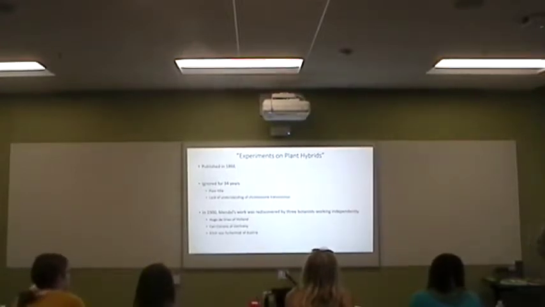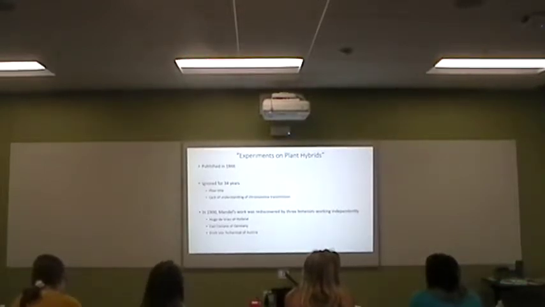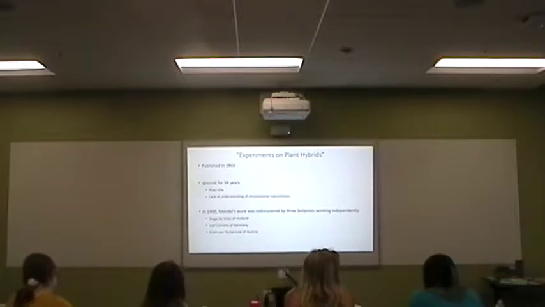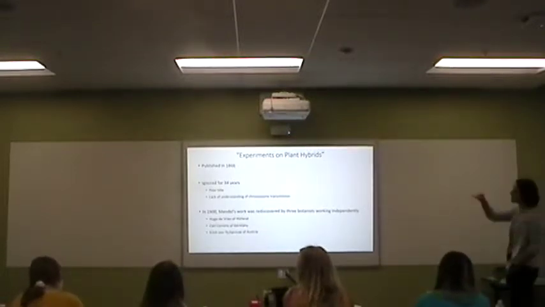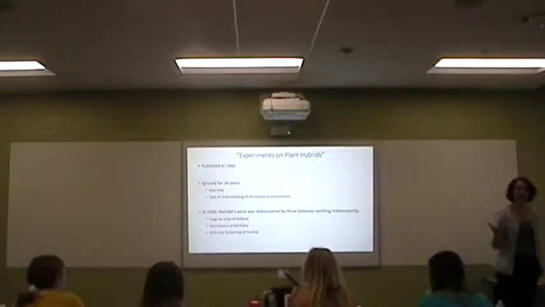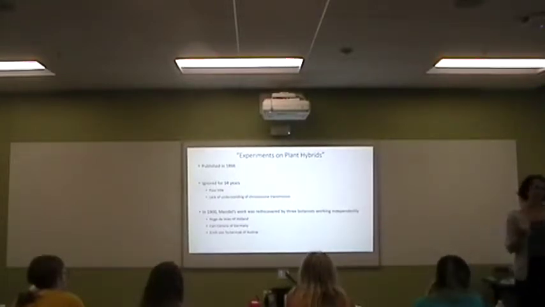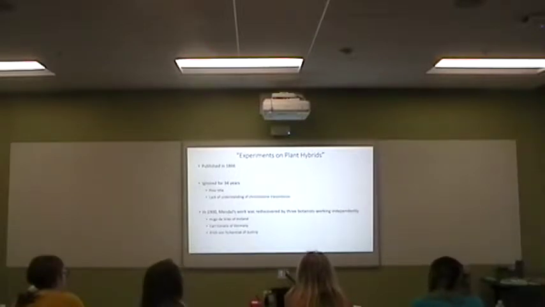Mendel actually did publish his work. It was published in 1866. It wasn't until much later, in the 1900s, 40 or 50 years later, that his work was brought back into the light and used to talk about how inheritance happened.